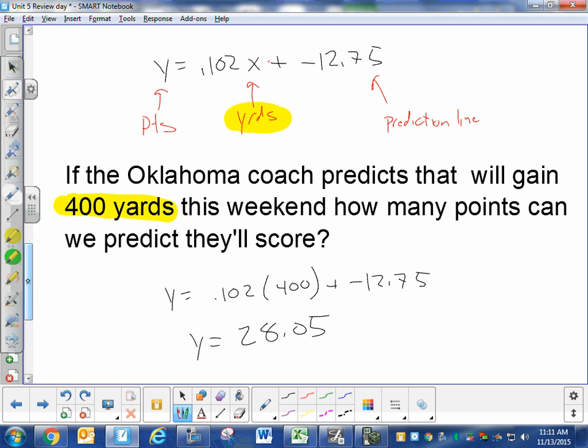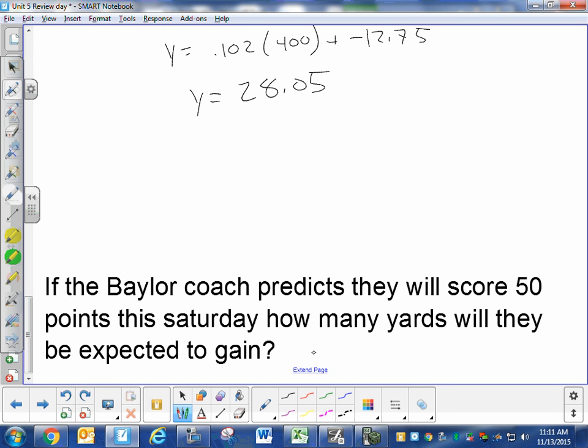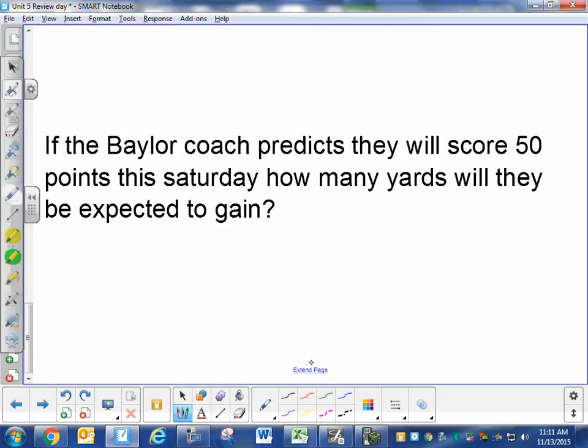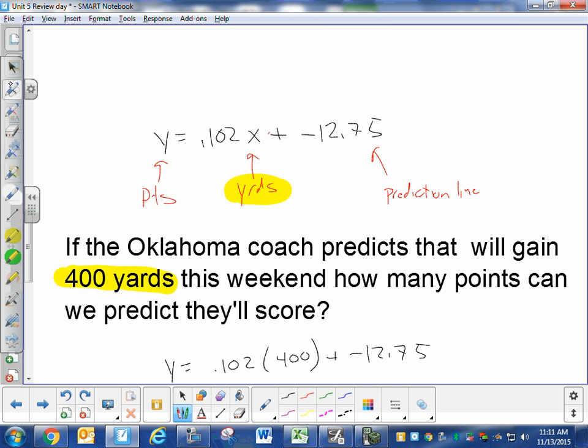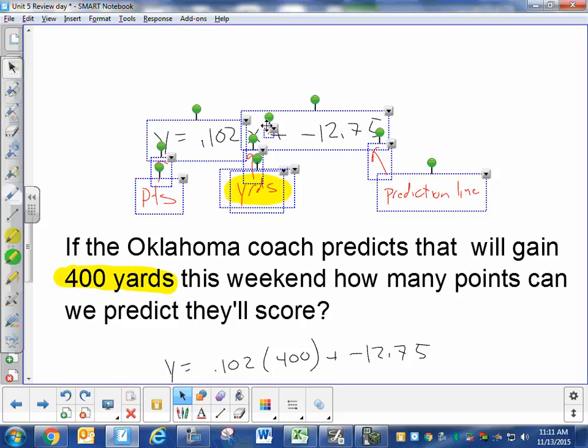Well, Art Briles, the Baylor coach, says, you know what? Baylor's going to score 50 points this Saturday. Well, we can use this prediction model to predict how many yards they're going to have to gain to score those 50 points. Let me grab this model again. Make sure it's down there.